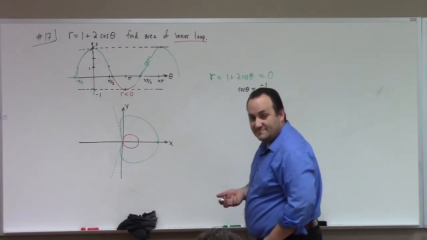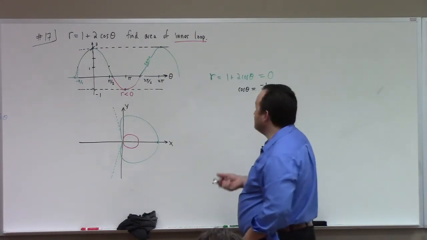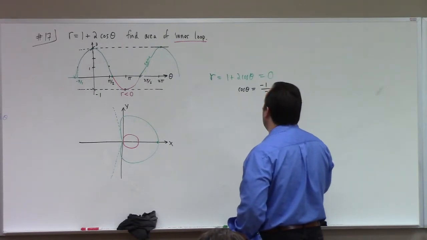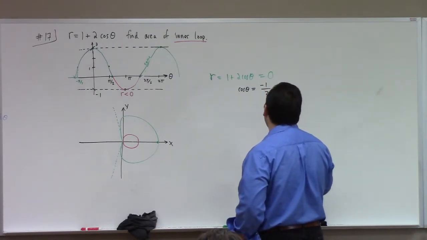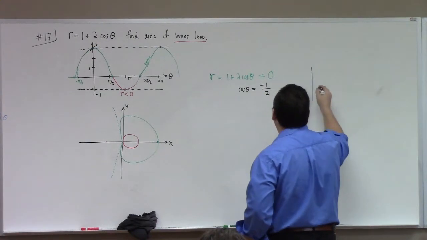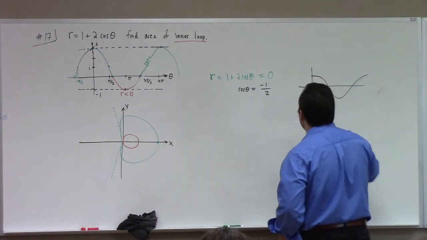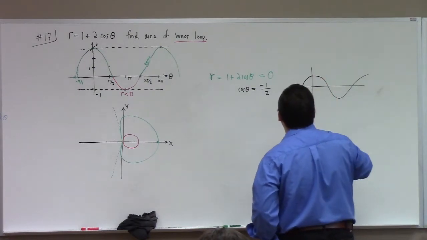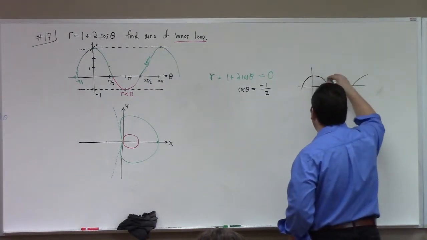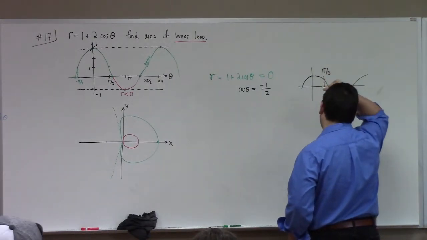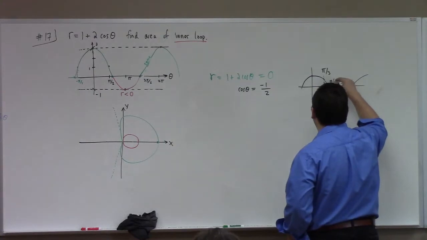Is that 5 pi over 6? That'd be 4 pi over 3. Very possibly. I have to think about it for just a second here. This is cosine, right? And I know that cosine is a half at pi over 3, and this is pi over 6.